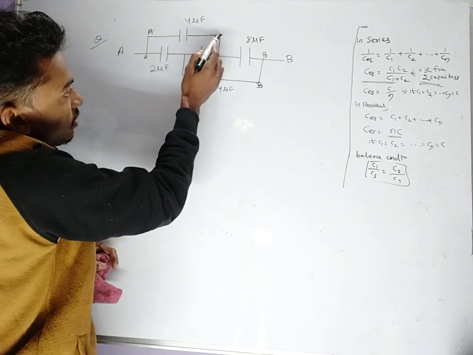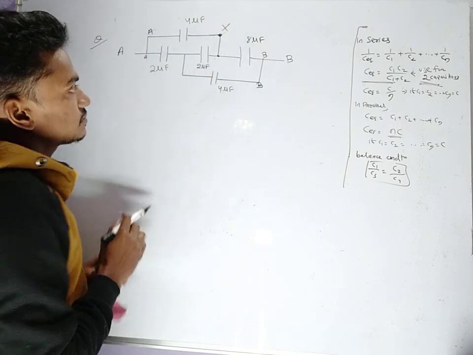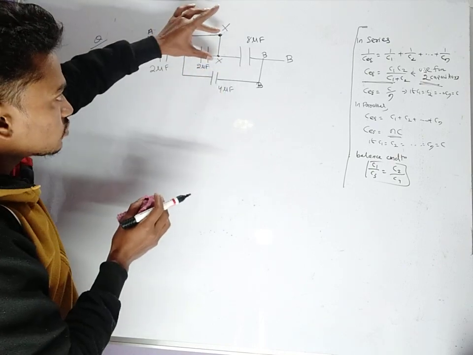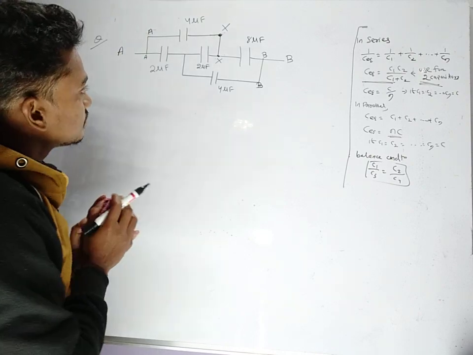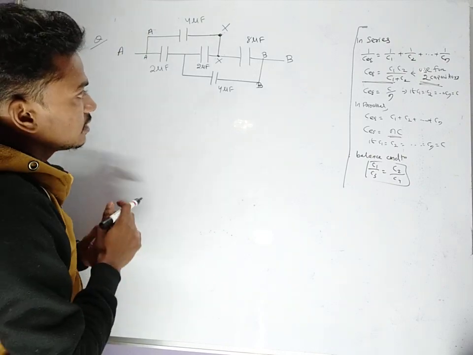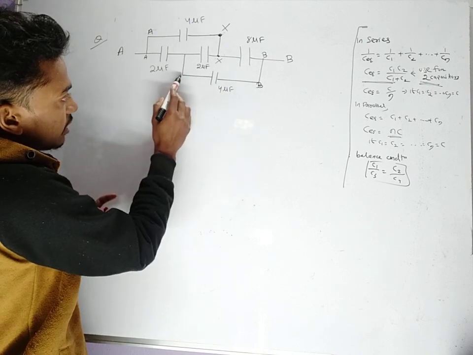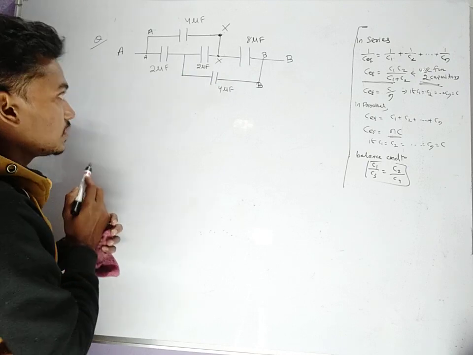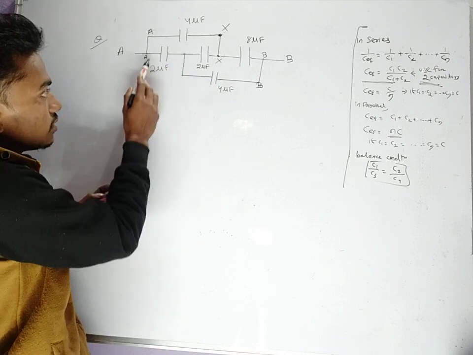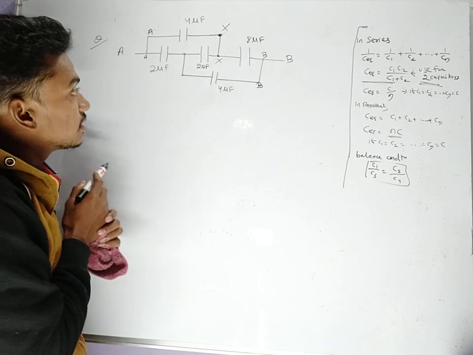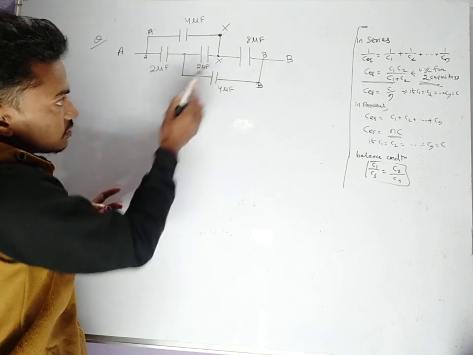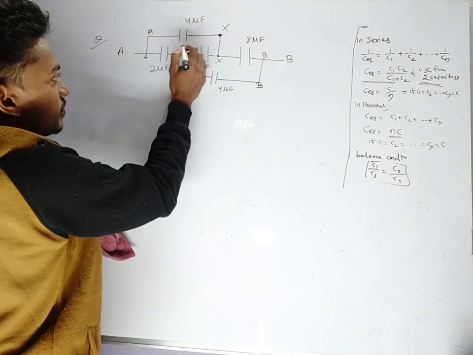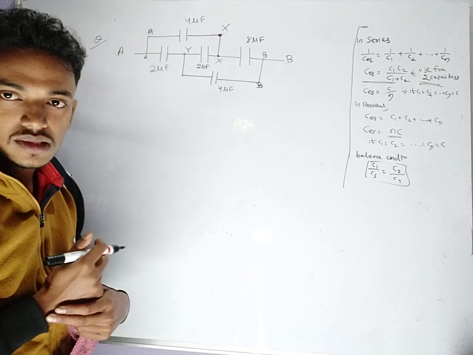So this is another point, suppose X. Since this is X, this will be X, since between these two points no element is present, no capacitor or resistor. And we cannot say this will be B, since a 4 microfarad capacitor is present. This cannot be A also, since a 2 microfarad capacitor is present. This cannot be X also, between these two points 2 microfarad is present. So this is another point, suppose Y point.